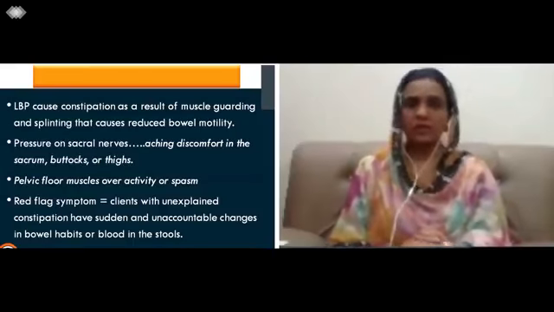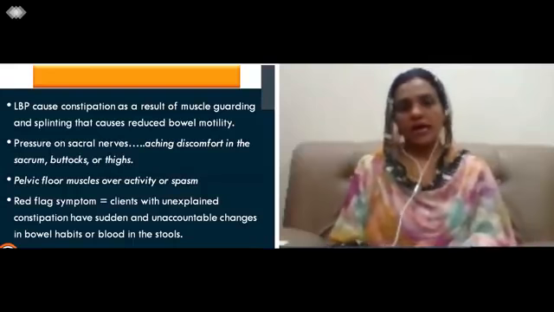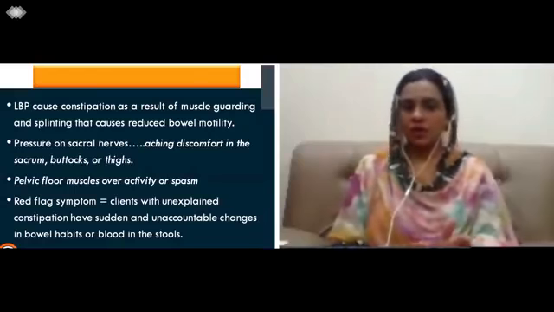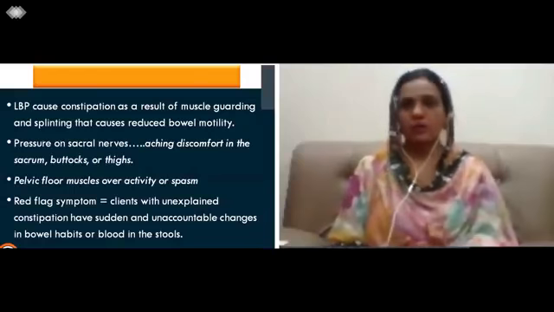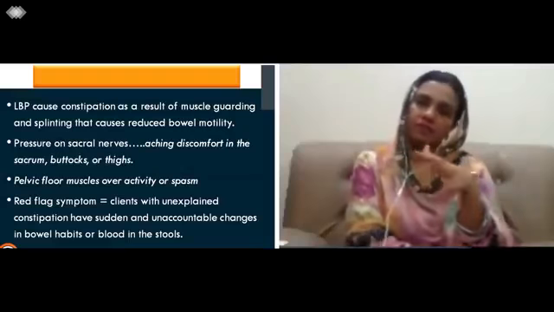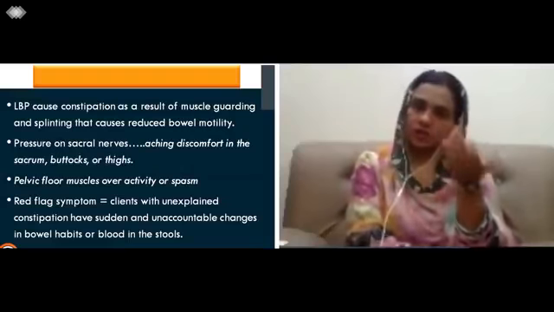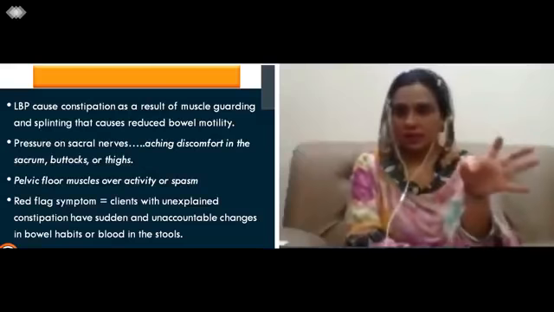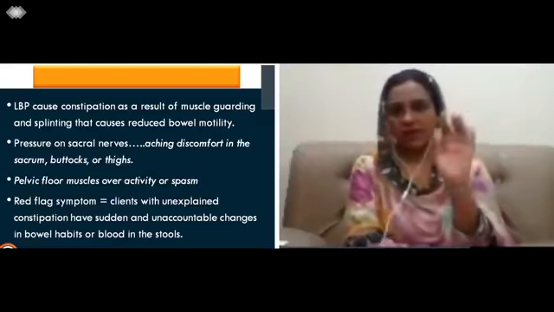Then there are certain red flag symptoms in case of constipation. A red flag is when clients who have constipation with no obvious reason suddenly develop something different, like a change in bowel habits. A sudden and unexplainable change in bowel habits is a red flag sign.